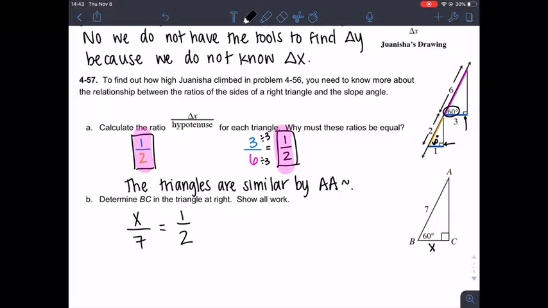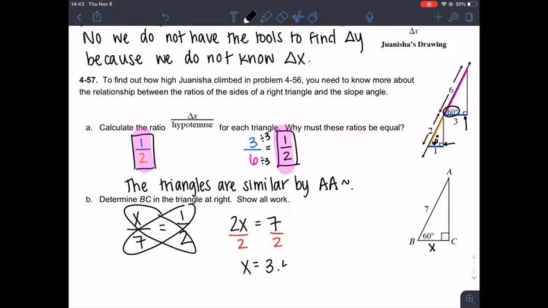Now we know how to solve these proportions here. All we would do is cross multiply, and we would solve that way. So cross multiplying gets us 2x equals 7, and when I divide both sides by 2, I get x equals 3.5.